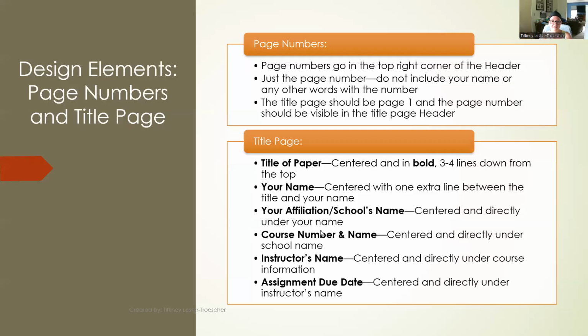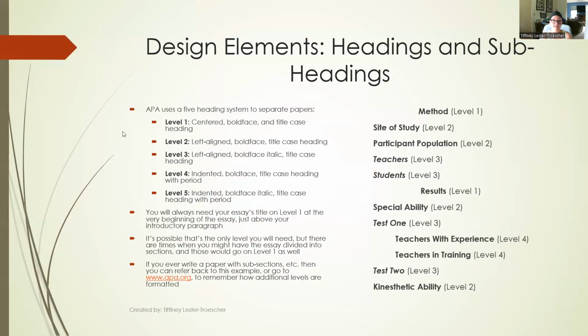The next element of APA format are the headings and subheadings. So APA uses a 5-heading system to separate papers. There's level 1. Level 1 is centered, it is in bold, and if you have more than 1 word, you would treat it like a title where almost the first letter of every word would be capitalized.